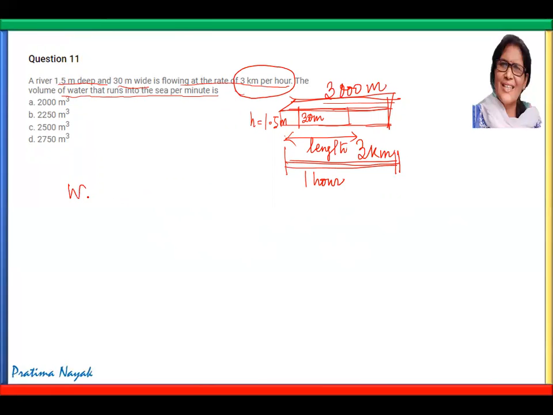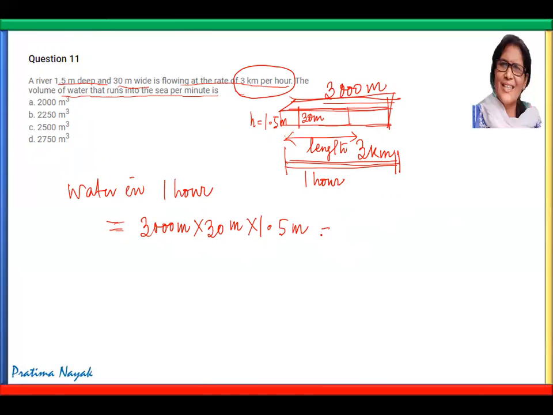So the water in 1 hour can be imagined as a cuboid whose length is 3000 meter, breadth is 30 meter, and height is 1.5 meter.